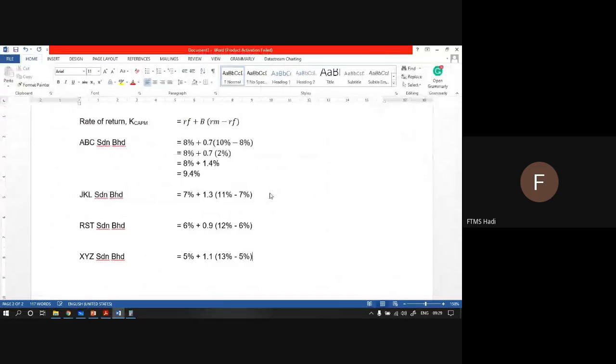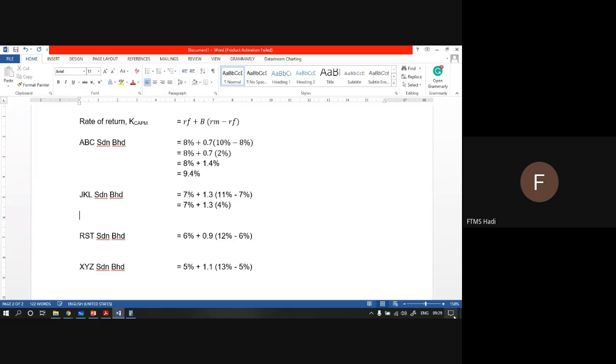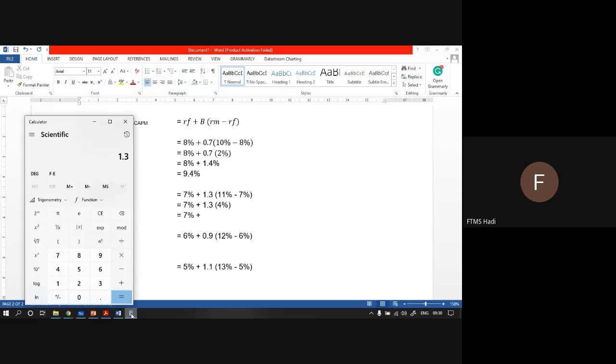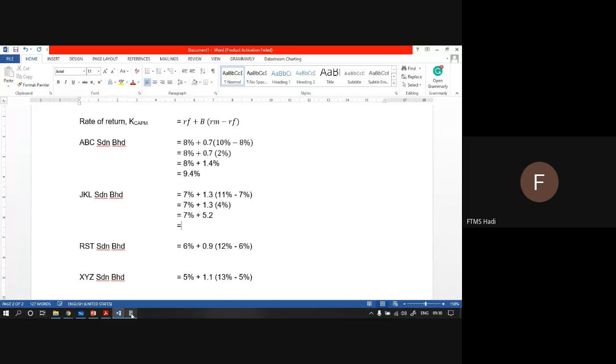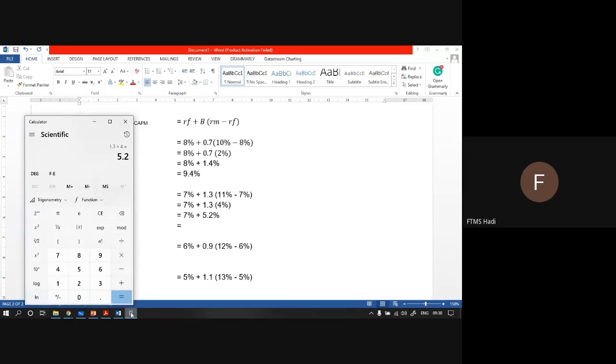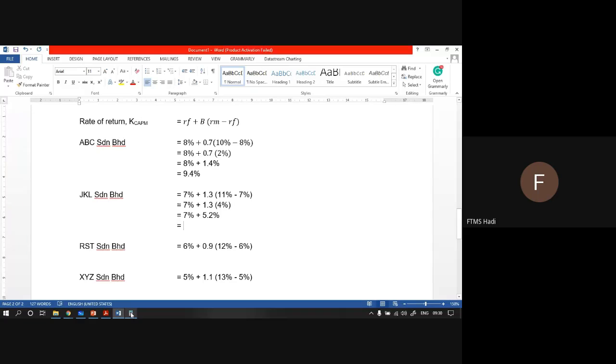Okay, let's resolve this one. It's 7% plus 1.3. 11 minus 7 is 4%. And then 7% plus 1.3 times 4, which is 5.2. And then if you add 7, it is equal to 12.2%.